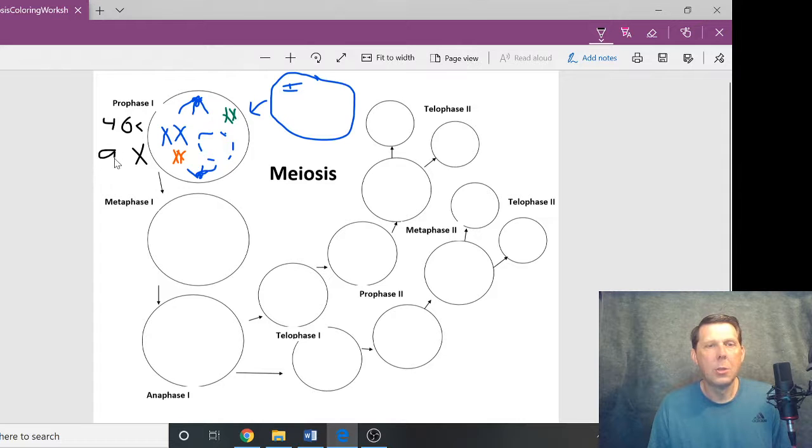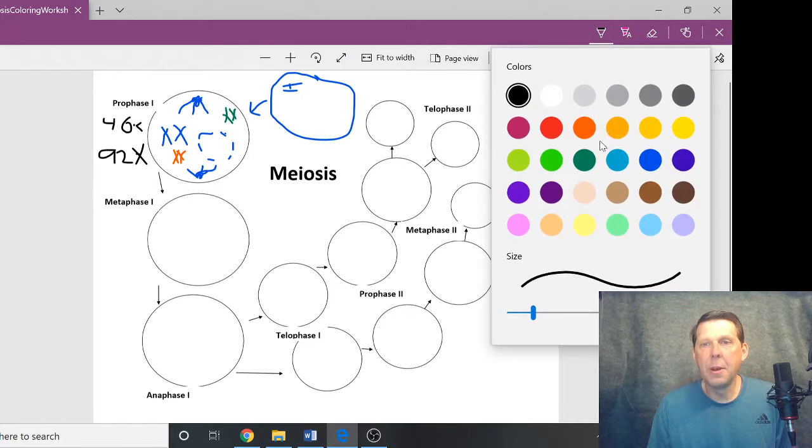We have 92. We still say 46 chromosomes because we count them by these centromeres here. So this is 46 of these, and there's 46 full X's. But there's 92 of these shapes because we doubled it. And they're all here in their homologous pairs.